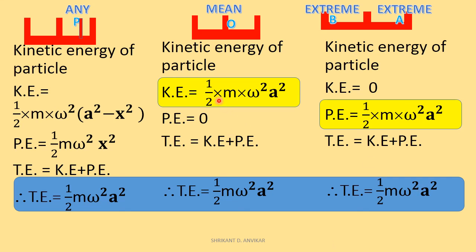We can observe one form of energy is converted into another form of energy when the particle moves from the mean position to the extreme position. In this way, the law of conservation of energy is valid in case of simple harmonic motion.